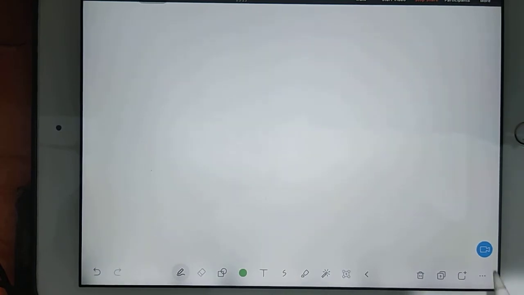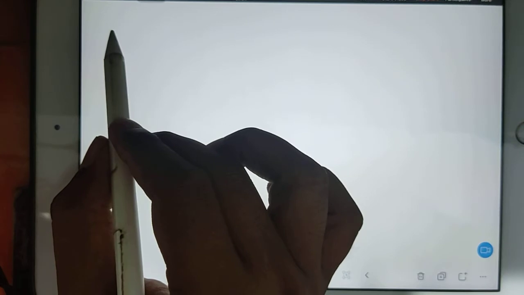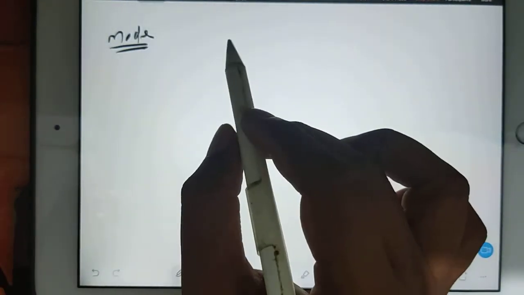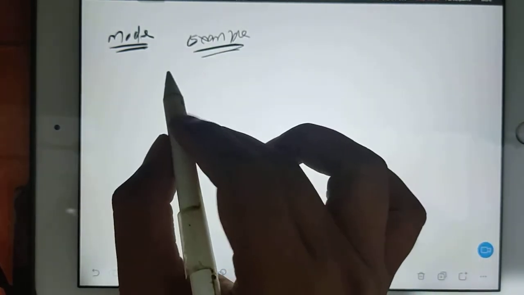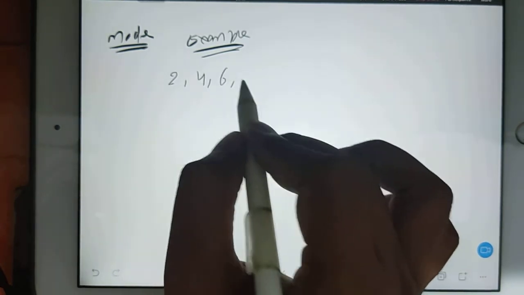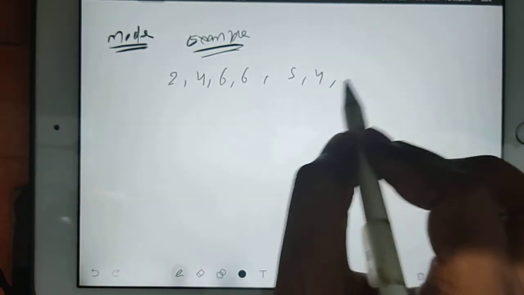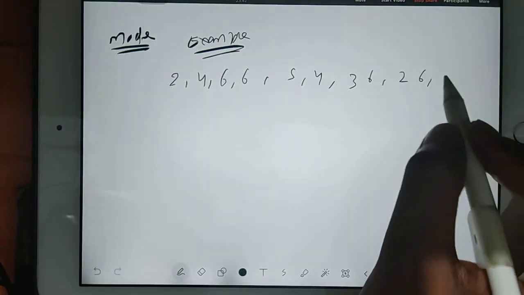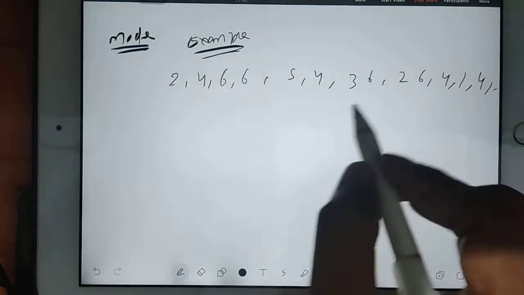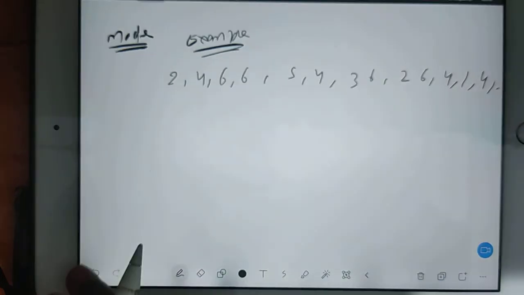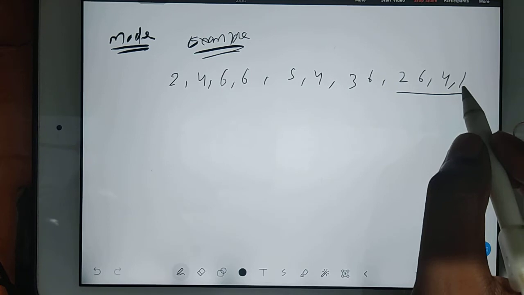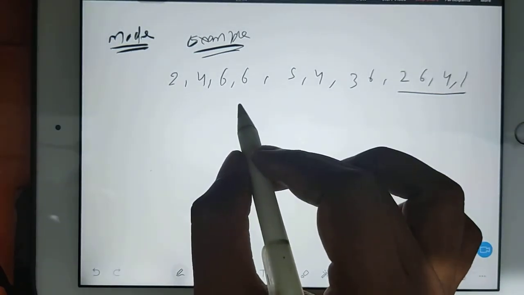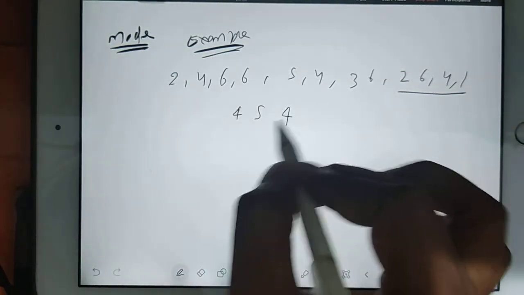Changing the page. Heading: mode. Suppose I am giving an example just to calculate mode. Suppose your example is like 2, 4, 6, 6, 5, 4, 3, 6, 2, 6, 4, 1, 4, 5, 4, 1, 2, 6, 4, 1, 4, 5, 4.